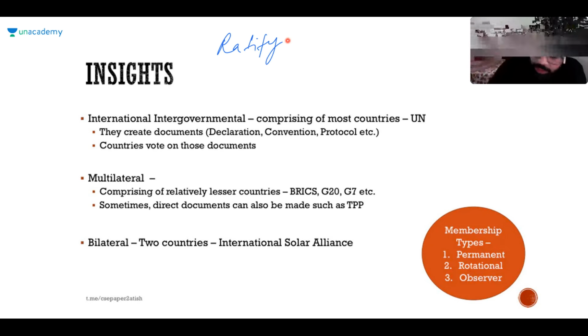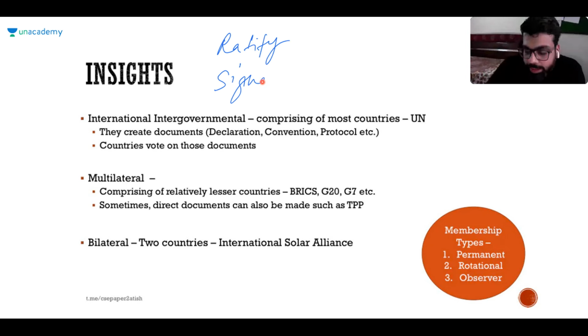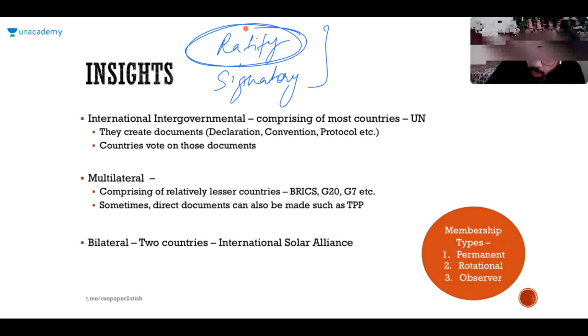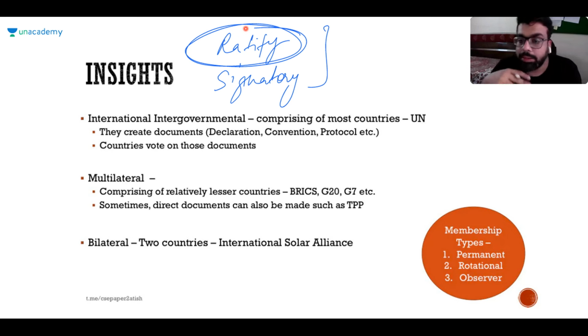So now you should actually have a simple question: if a country has the choice to ratify a document or be a signatory to a document, why would a country want to ratify? Why would a country want to compulsorily take what is called a legal obligation to implement something? What is the larger need behind this?